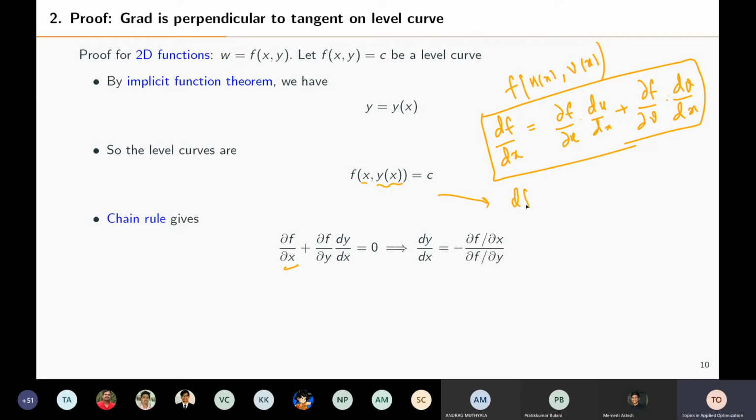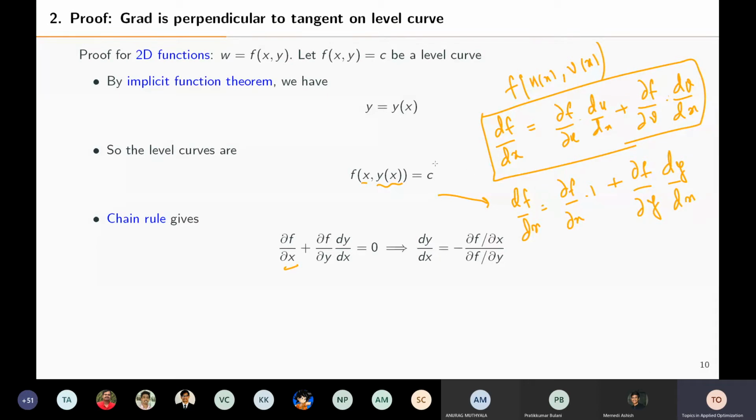So in this case, df by dx is del f by del x times dx by dx, which is just 1, plus del f by del y times dy by dx.